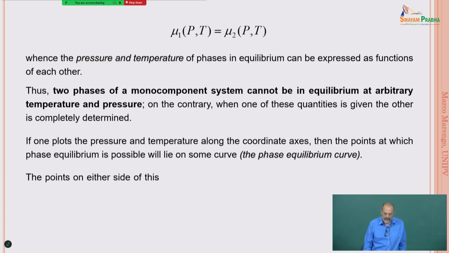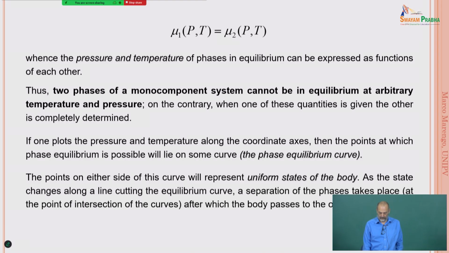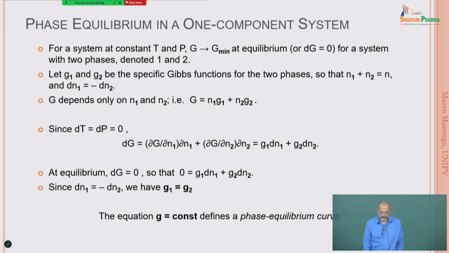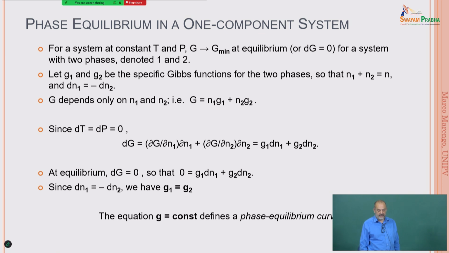And in this way, we can build, for example, the Clausius-Clapeyron graphs, okay? Another point is that we saw that the Gibbs free energy is in fact related to the chemical potential. So a phase equilibrium curve is decided when the chemical potential is the same.